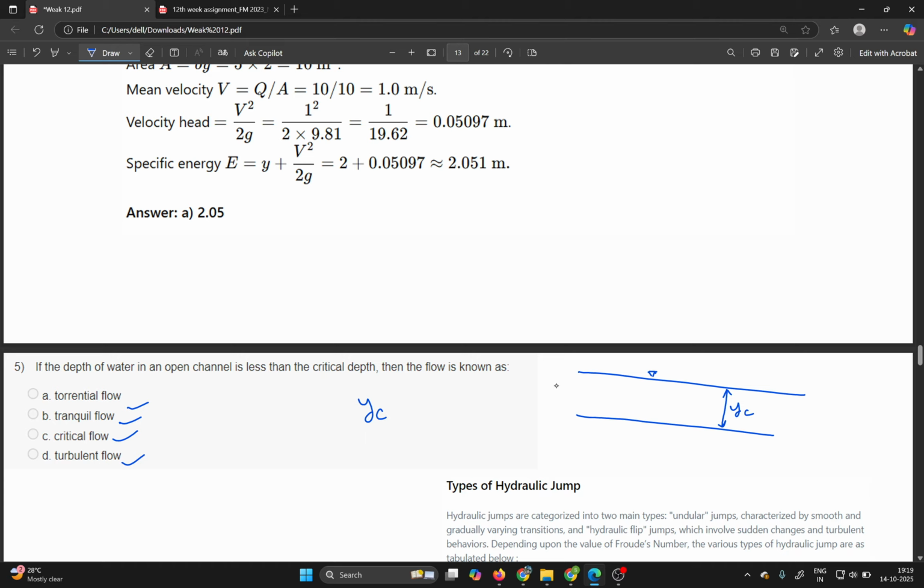But actually in the open channel you have less depth, maybe in the low flow period or high flow period, depending on the channel slope and so on. So your depth is that much only. What will be the condition? Such a condition is known as torrential flow, tranquil flow, critical flow, or turbulent flow?